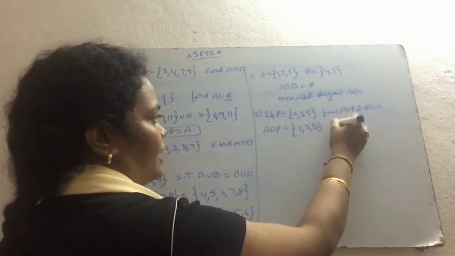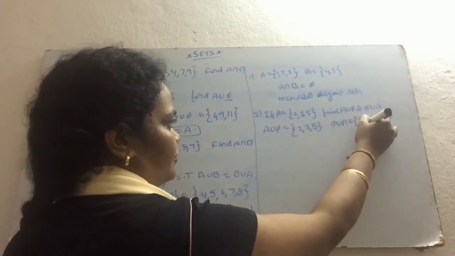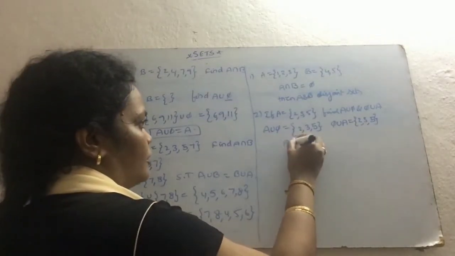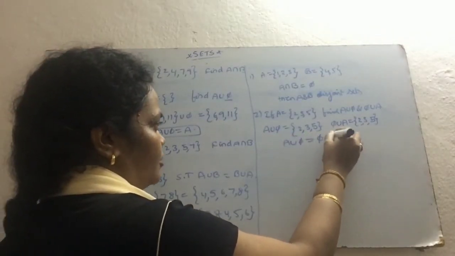Similarly, empty set union A equal to also {2, 3, 5}. So A union empty set equal to empty set union A.